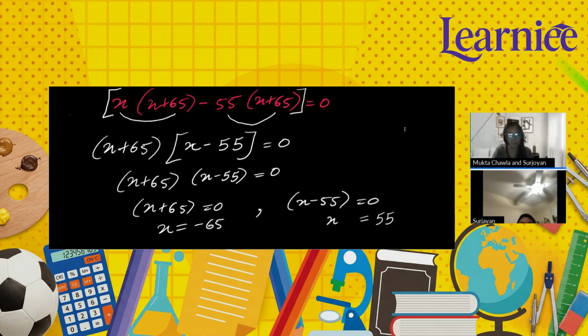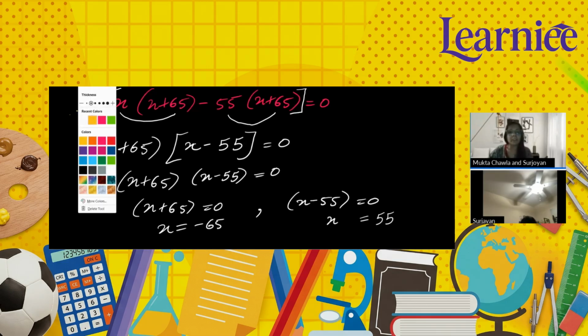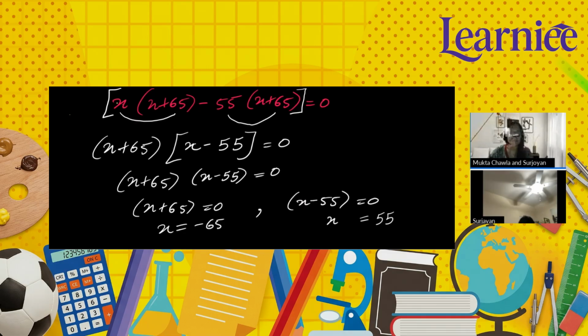No. Okay. So which one will you pick? The positive one. Yes. What were they asking in the question? They said, find the original speed. Since speed cannot be negative, we will take x is equal to 55, and here I am putting kilometer per hour. Got it? That's how you pick up the value. Since speed cannot be negative, our original speed would be 55 kilometers per hour. Got it? Yeah, okay.